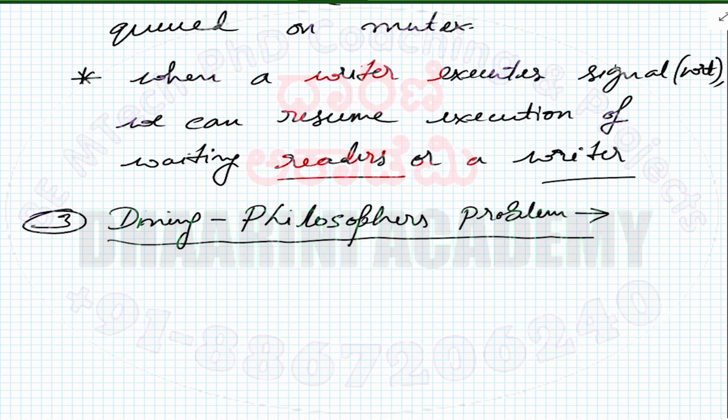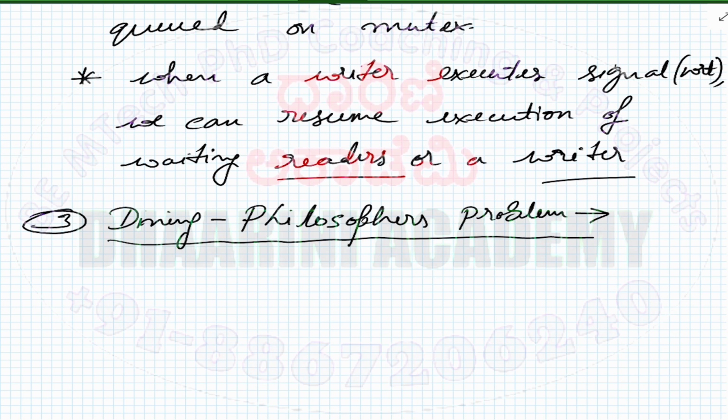Okay, so assume one condition. This kind of problem arises whenever we are designing an OS having concurrent execution of processes. Now, instead of talking about the processes, let's think that there is a round table, and consider there are 5 different philosophers.